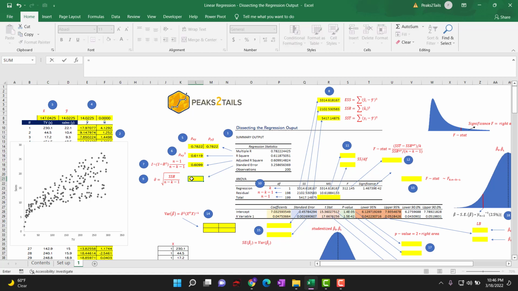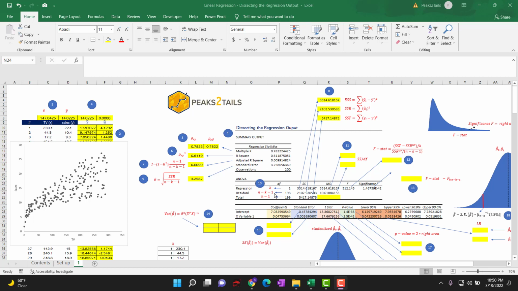So this is equal to square root of SSR, we already calculated SSR here, divided by n minus k minus 1, which is 200 minus number of regressors is 1, again minus 1. Bracket close, enter. 3.2587, that's the standard error. So it matches the result.